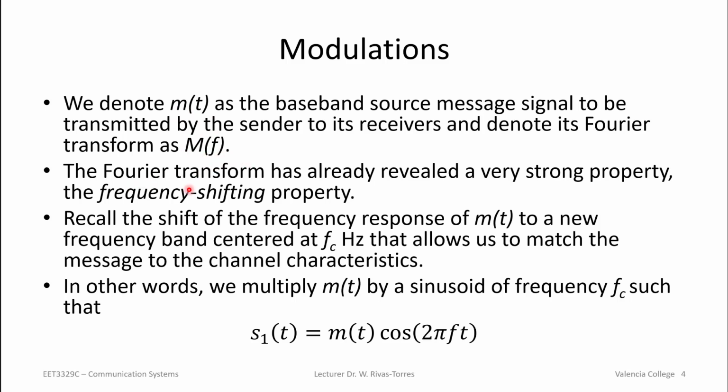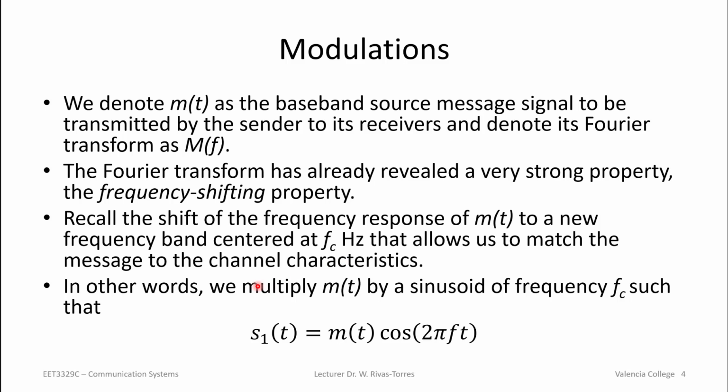Now, the Fourier transform revealed earlier on a very strong property that we will use. It's called the frequency shifting property, and we discussed it at length in lecture number 3. Recall that the shift of the frequency response of m(t) to a new frequency band centered at f_c allows us to match our signal to the channel.